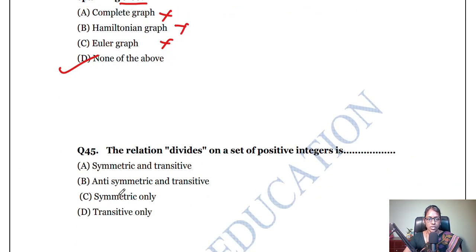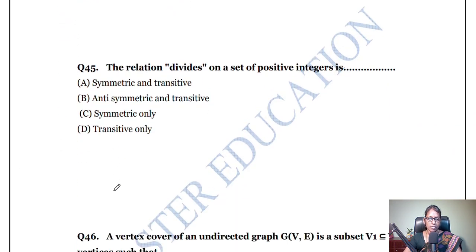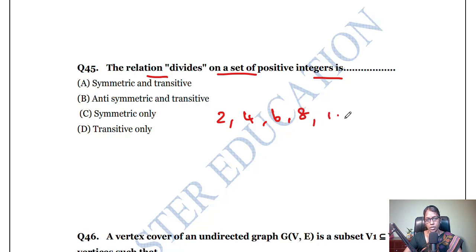The next question is the relation divides on a set of positive integers. Consider 2, 4, 6, 8, 10. If you consider the set of positive integers, this may be symmetric and transitive. Consider a, b.